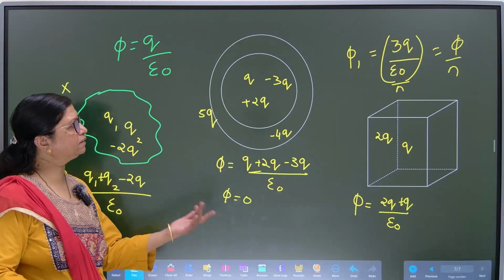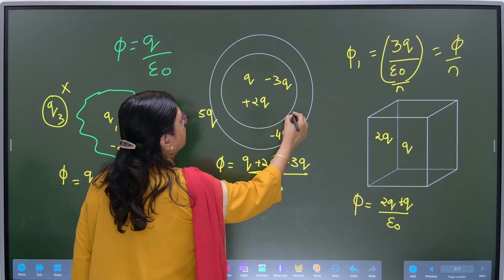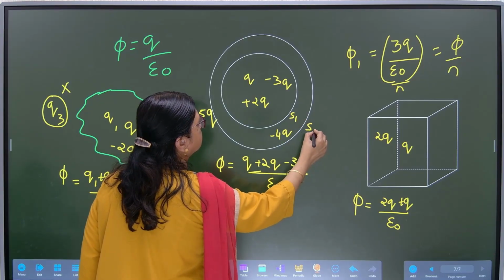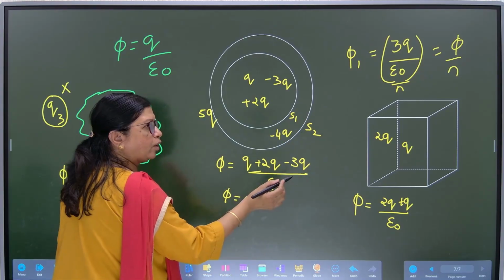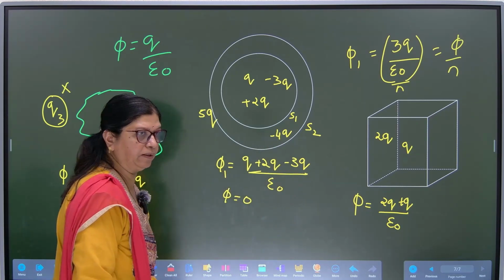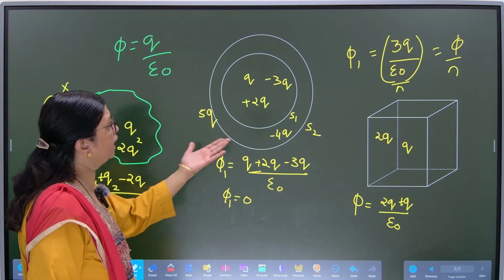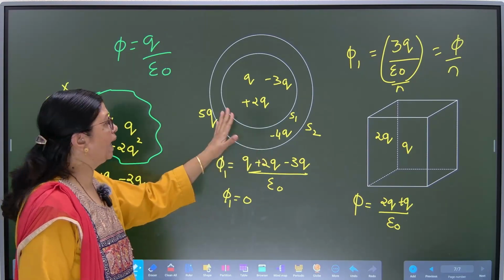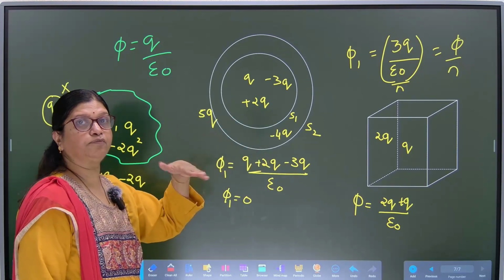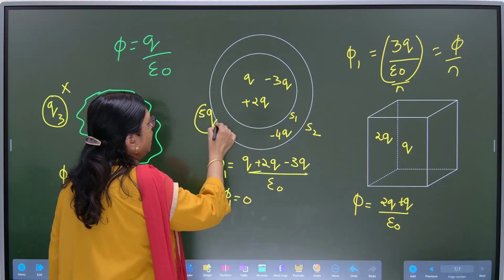Now let us consider two concentric surfaces. Say this is S1, this is S2. We have already found the flux of the surface S1. We'll name it phi 1. We have seen the answer is 0. Phi 1 is equal to 0. Now what should I do when I am asked about the flux through S2? Should I consider this charge?